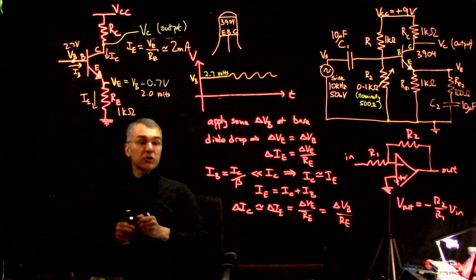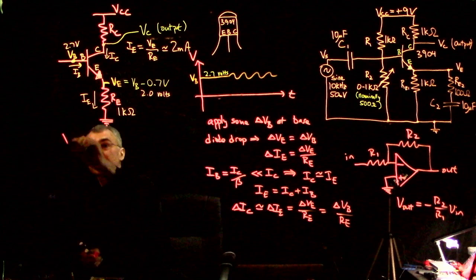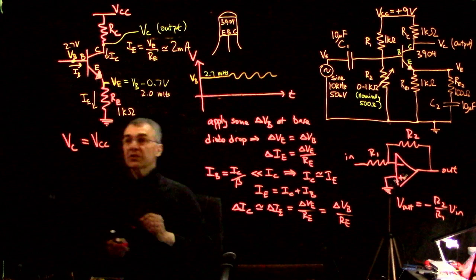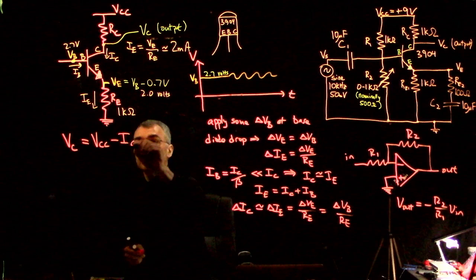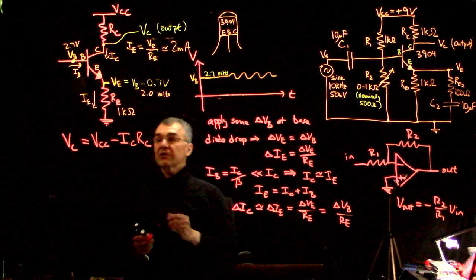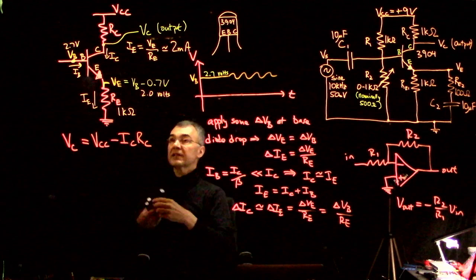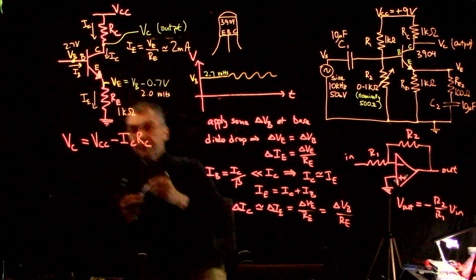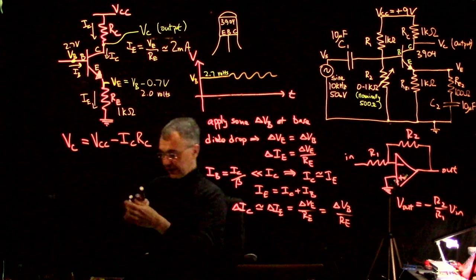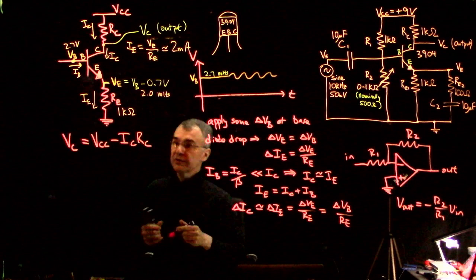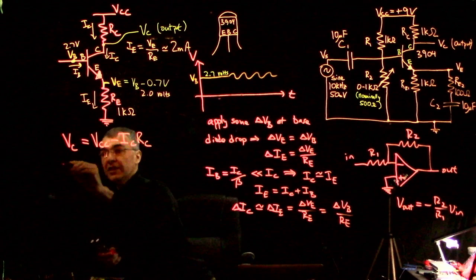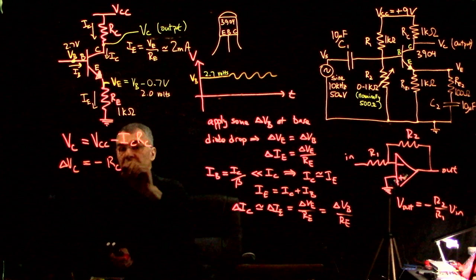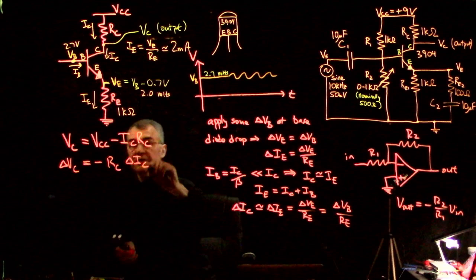So now notice that the voltage at the collector is just the fixed voltage up above the collector minus the collector current times this collector resistance. Okay, and again, this was IC. And this is just a fixed value. So if you take a derivative, then we have the change in V collector is just minus RC times the change in the collector current.